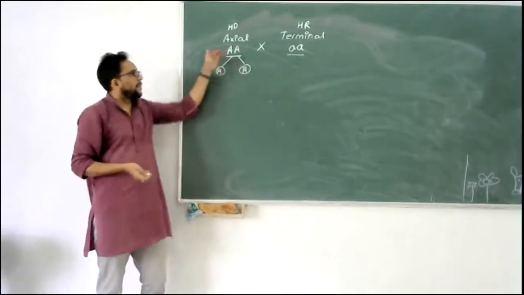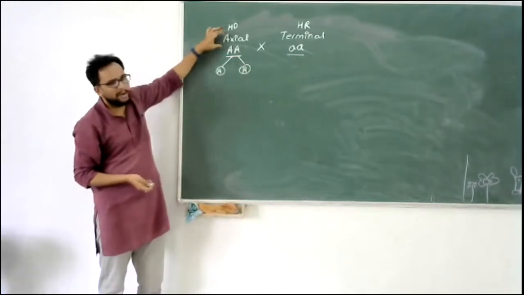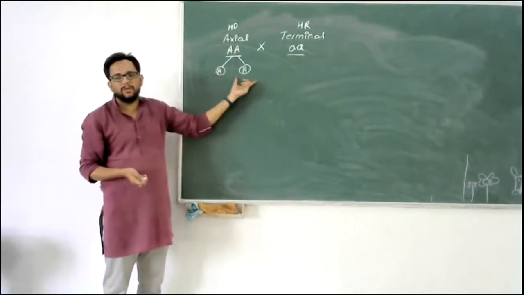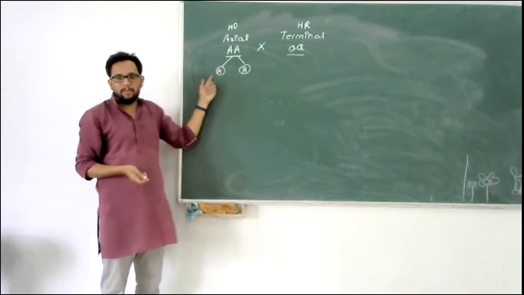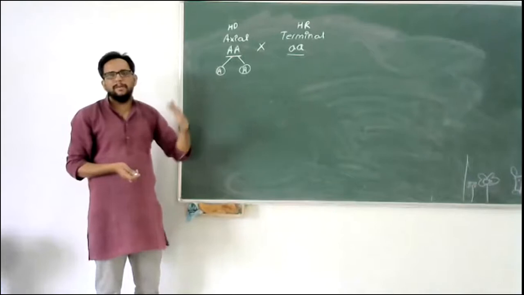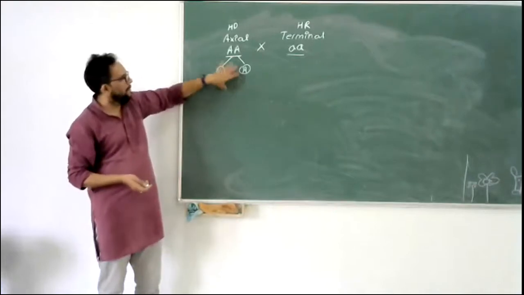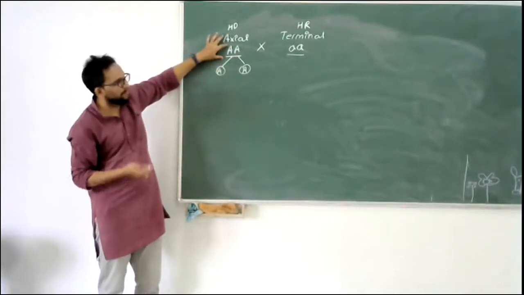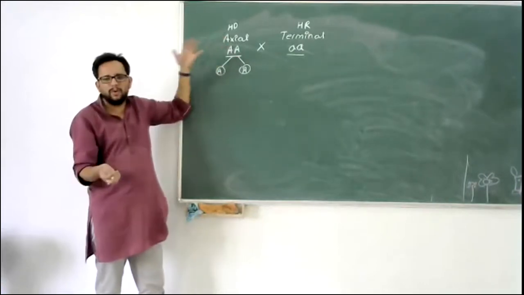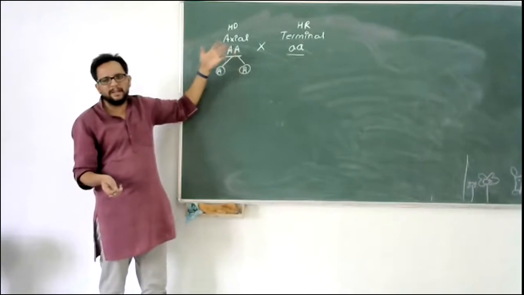This does not mean that when this plant produces the gamete, it will have only this as the gene, or this as the chromosome, or this as the allele. Obviously, all other genes and all other chromosomes will be present. So, for example, let's say this has 50 chromosomes, because we don't know how many chromosomes there are in the pea plant.